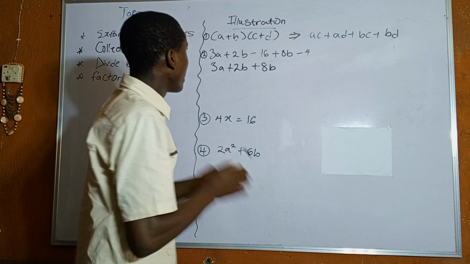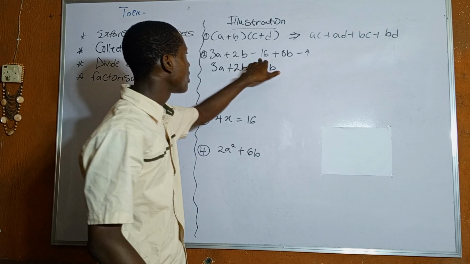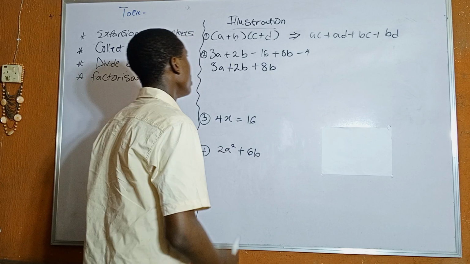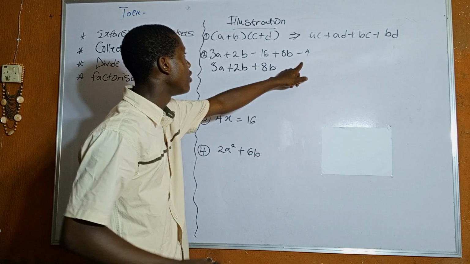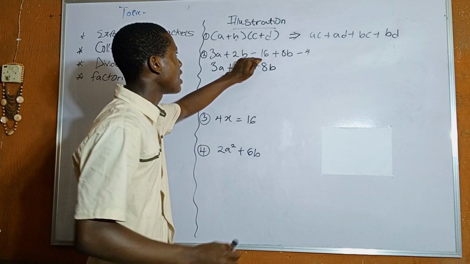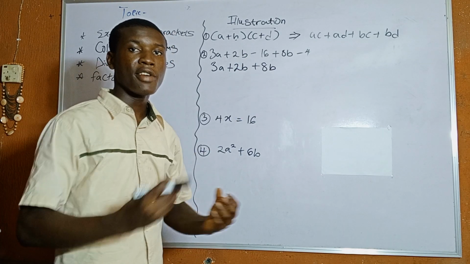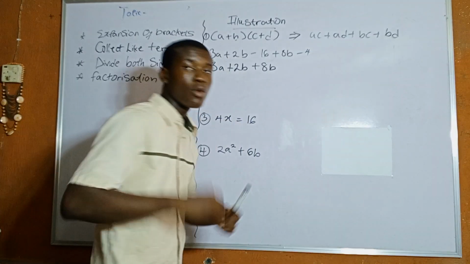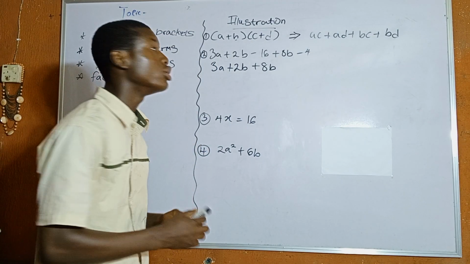And now the last two are minus 16 and negative 4, sorry. Since they are just numbers, they don't have variables attached to them, you are also going to bring them together whether they have the same sign or not.